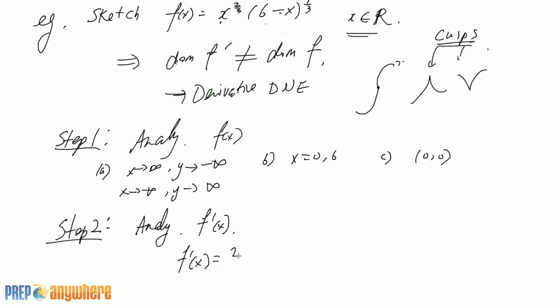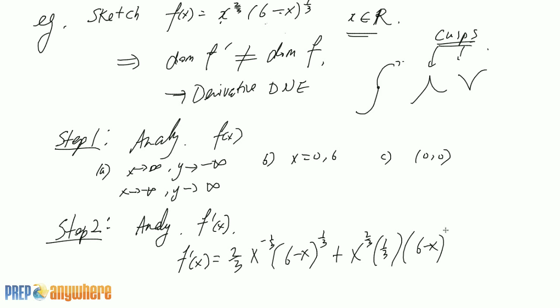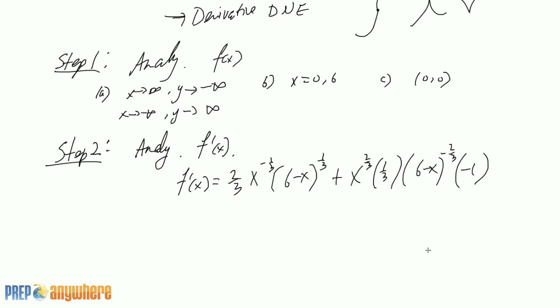Product rule, right? So 2 over 3 x to the power of negative 1 over 3, and then plus x to the power of 2 over 3 times 1 over 3, 6 minus x to the negative 2 over 3, times negative 1 because that's the derivative of 6 minus x. Okay, and you have to know how to factor.